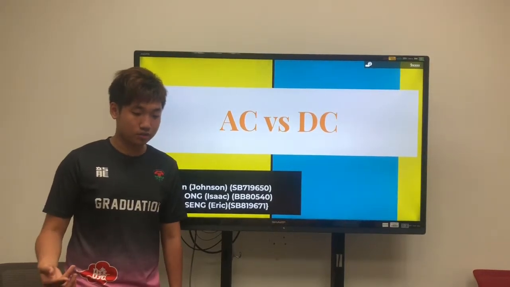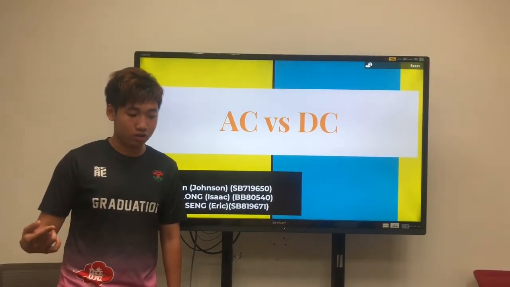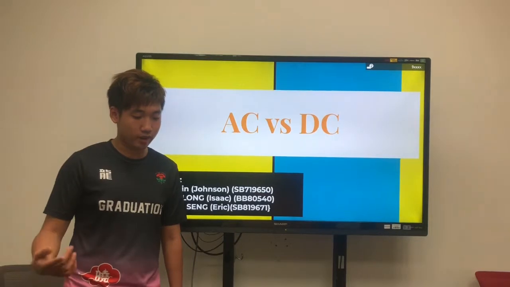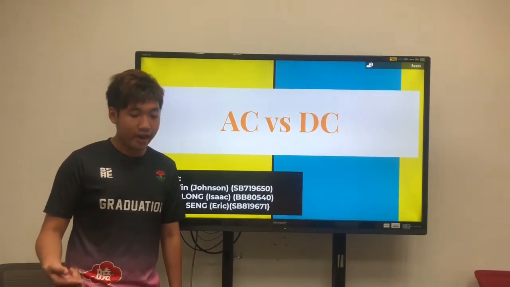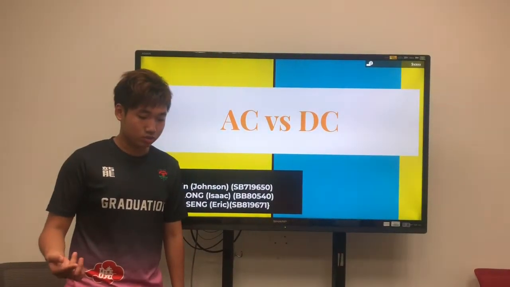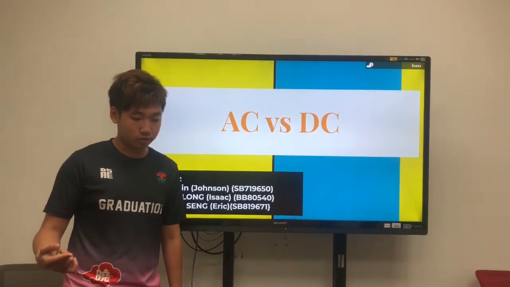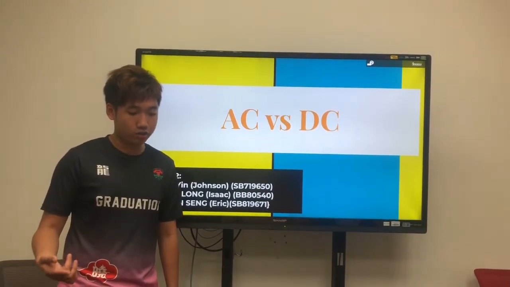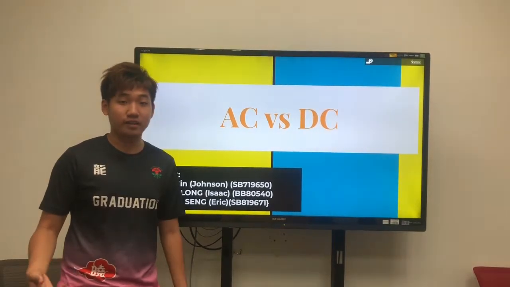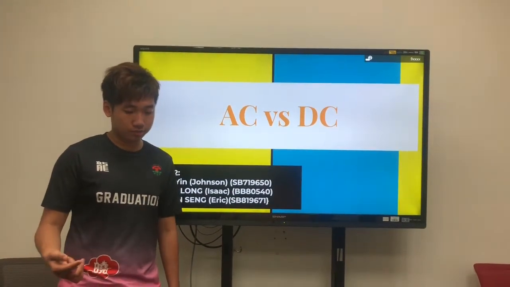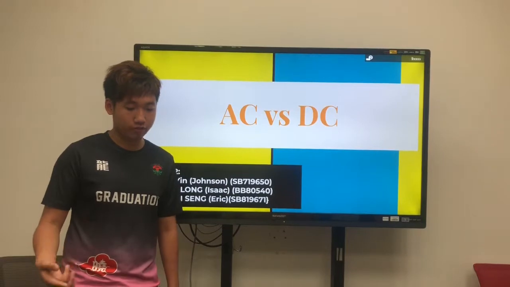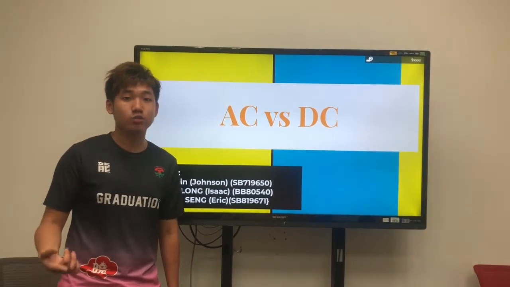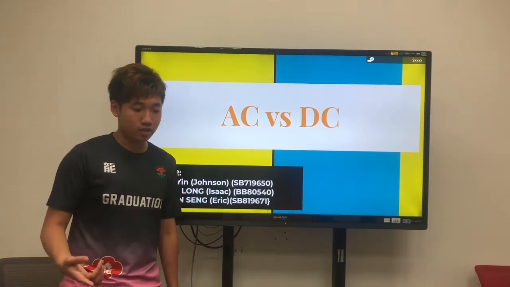DC must first use a circuit to change to AC, and then use a filter circuit to change back to DC. This cost will be expensive and dangerous. So in terms of cost, the power company chooses to use AC.